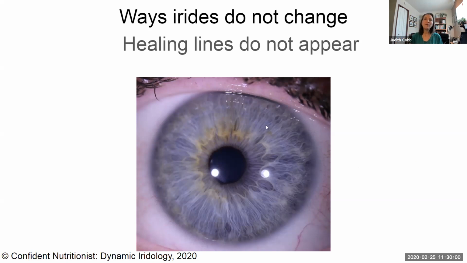So when this person does all the right things and they're feeling wonderful and they've got their health back and they're going, thank you, thank you, thank you, I couldn't have done it without you, the eyes are still going to look like this. Right? And quite frankly, I don't care that the eyes don't change. I care that my client feels better, that my client has good health, that they have done what they needed to restore their health. So healing lines do not happen.